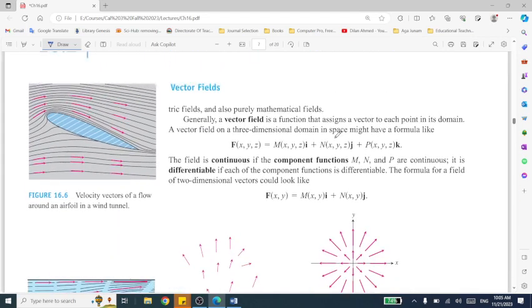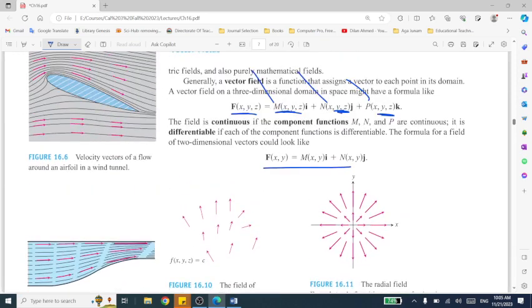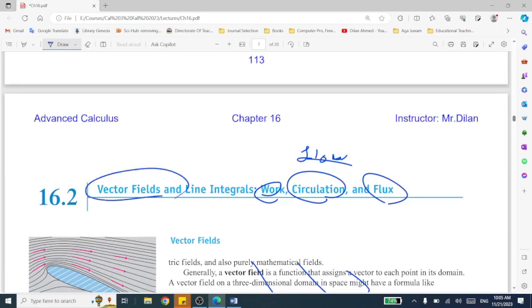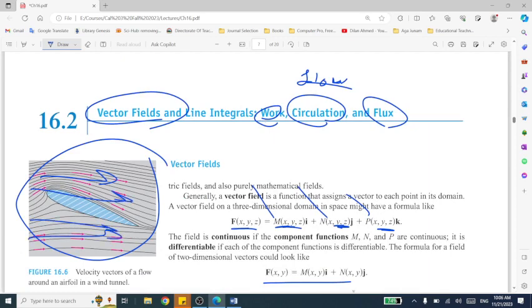Generally speaking, the sections are not hard, it's just how to deal with them. Instead of f of x, we have it with i, j, k. Here we have M and P. When you say we have a vector field, it means that all the things we have are vectors.